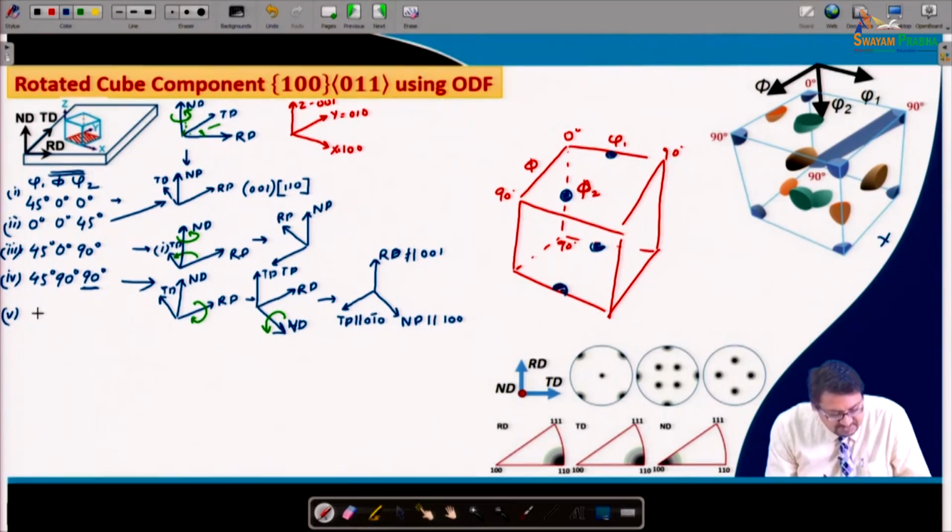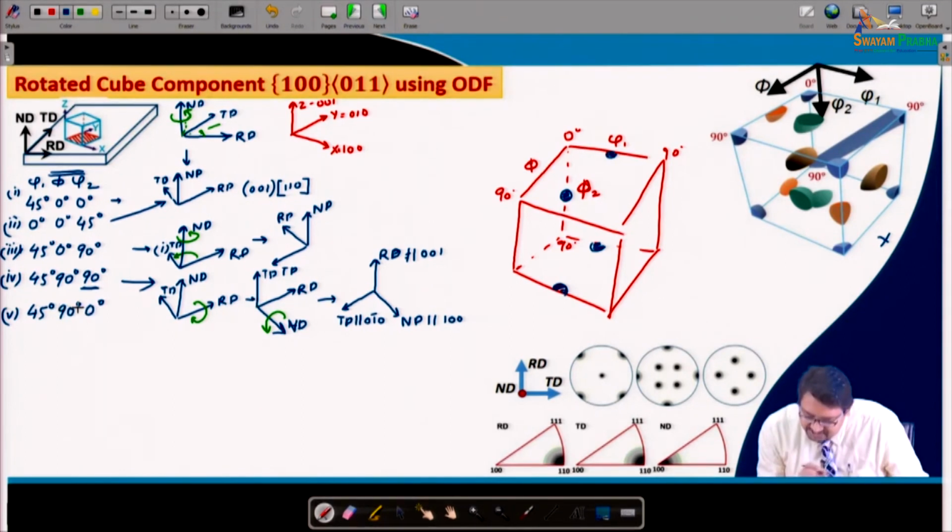That is, you see, (45°), 90° and 0 degrees. Now, in the fourth situation, I gave a rotation of 45° along phi 1, 90° along phi, and then again 90° along phi 2.